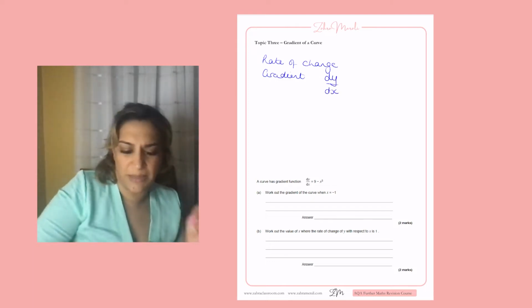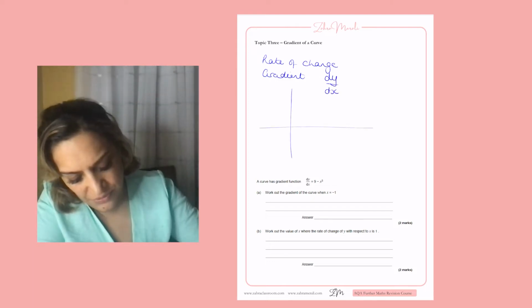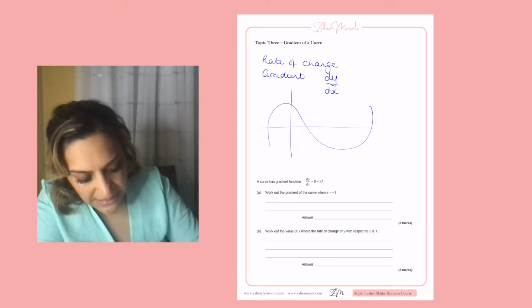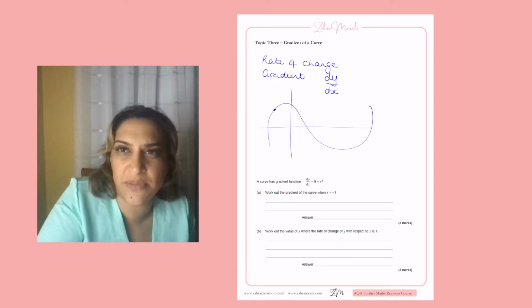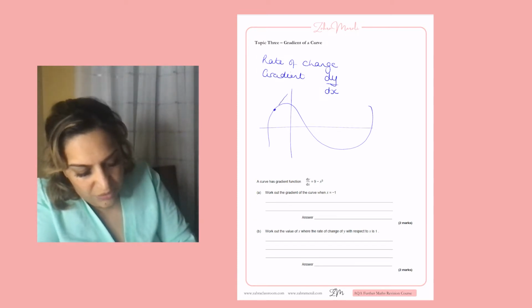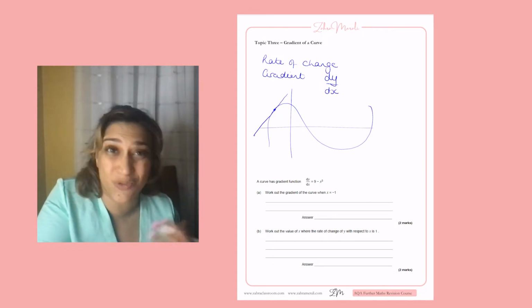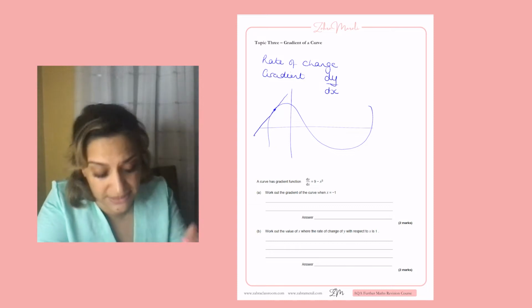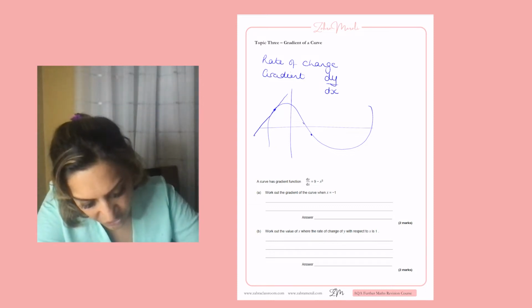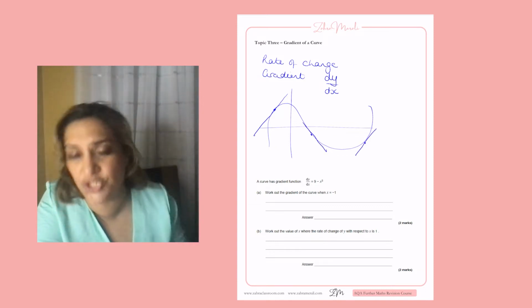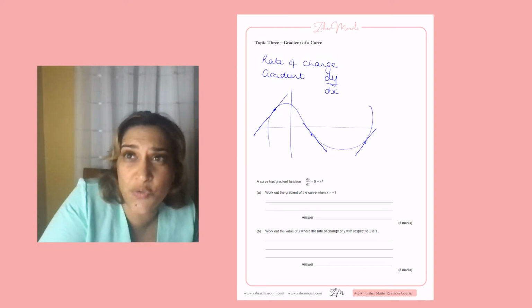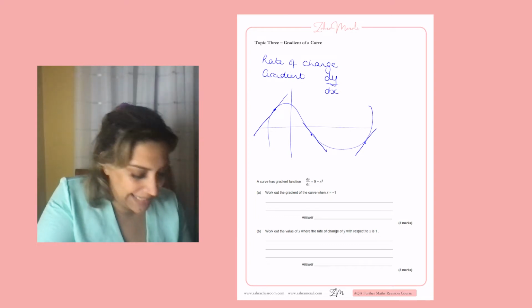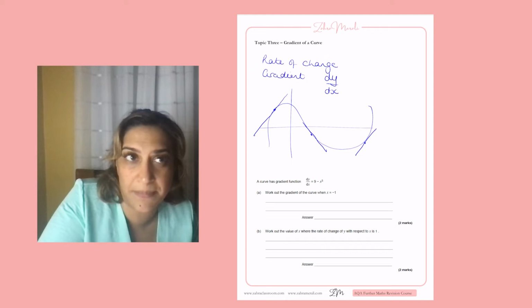So when we think about a curve, any curve at all, if I wanted to know what the gradient was at a point, in GCSE you'd draw a tangent and find change in y over change in x. That's all dy dx is telling you. It's giving you, if you substitute the x in, what the gradient will be at each of those different places.